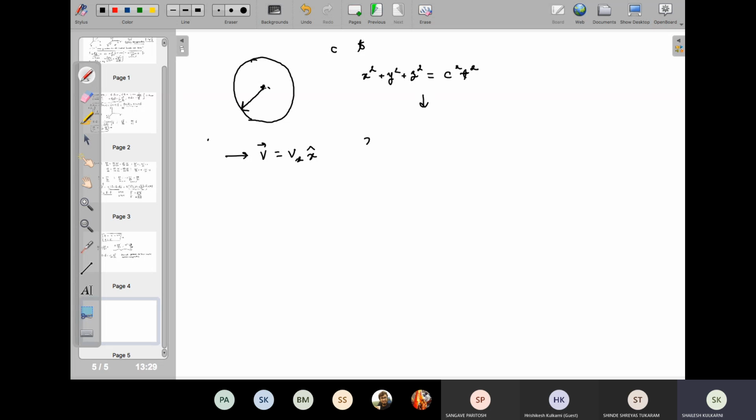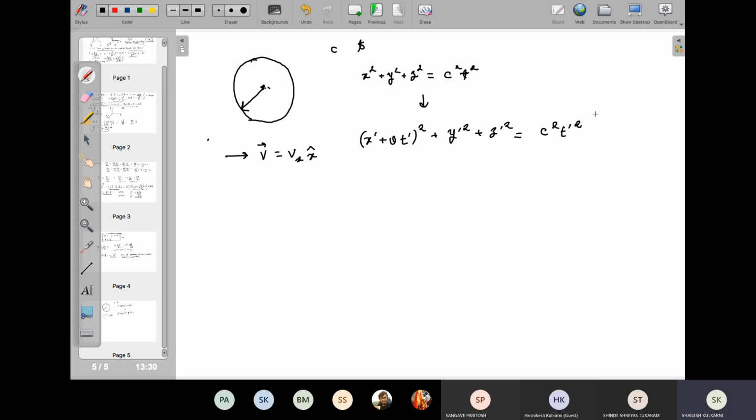Then this will become (x prime plus vt prime) whole square plus y prime square, since y remains the same, so y prime equals y, plus z prime square equal to c square t prime square. Here t becomes t prime.